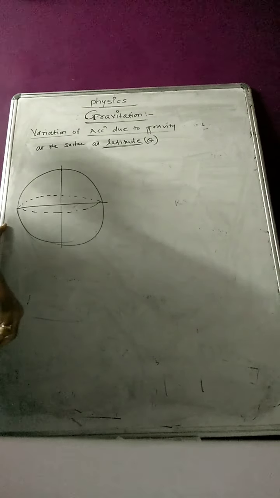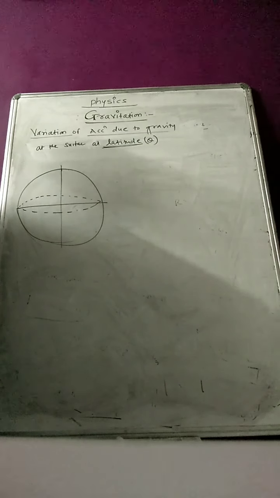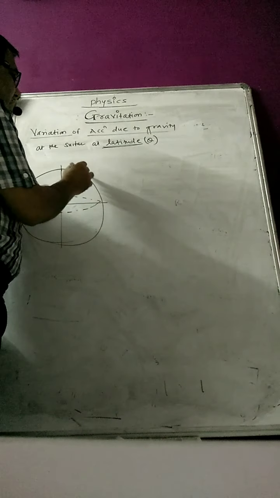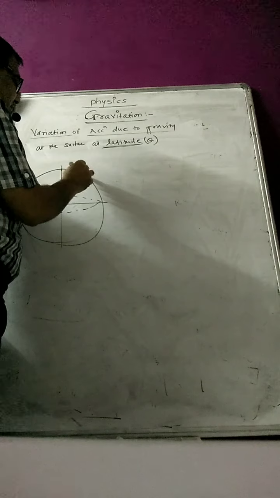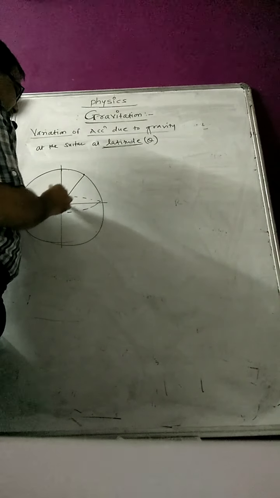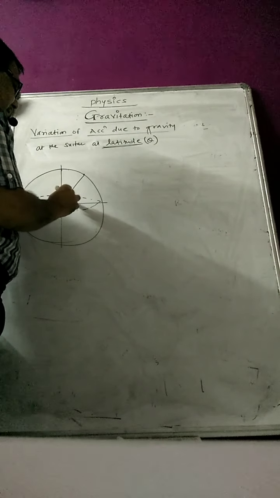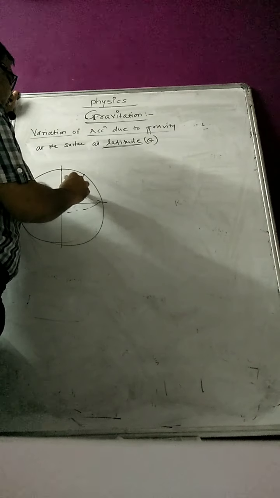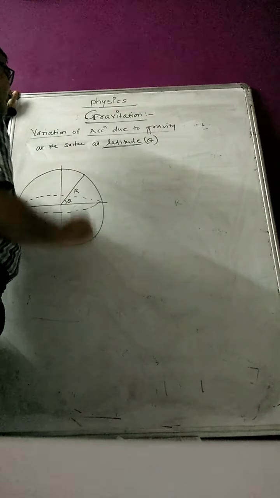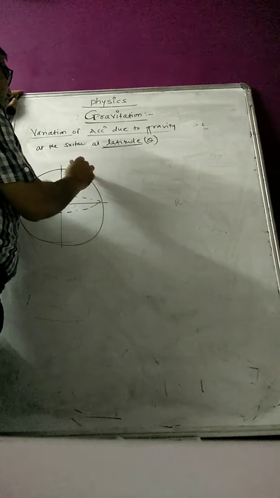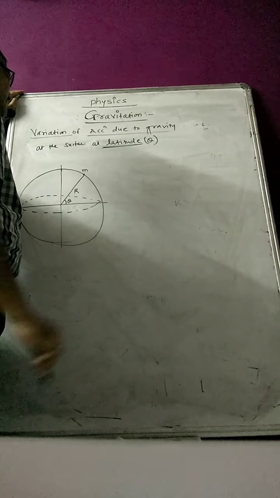Now we can consider a latitude at a particular point. This is the point where the object is kept, which makes the angle theta. This is the radius r of the earth, and the mass m lies here.